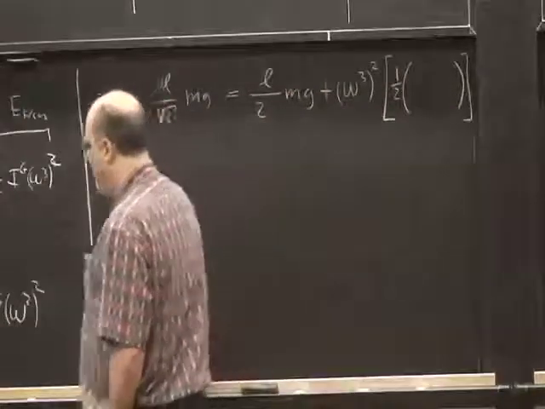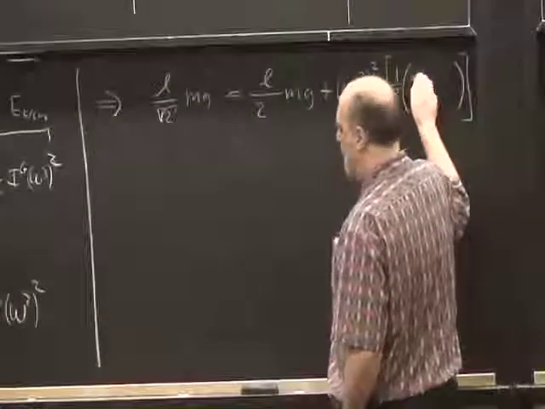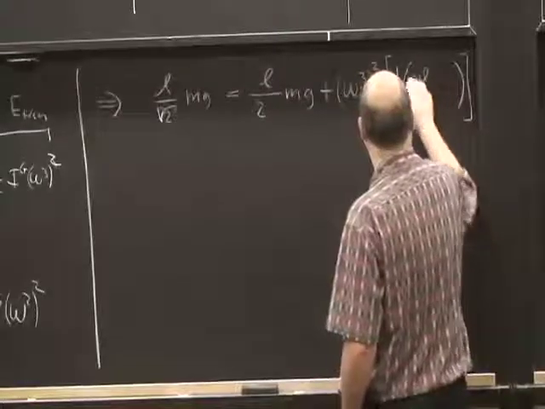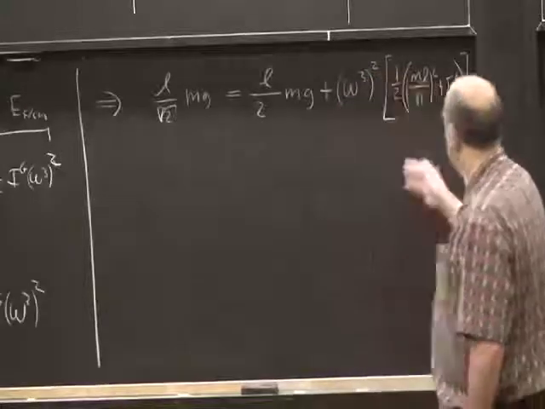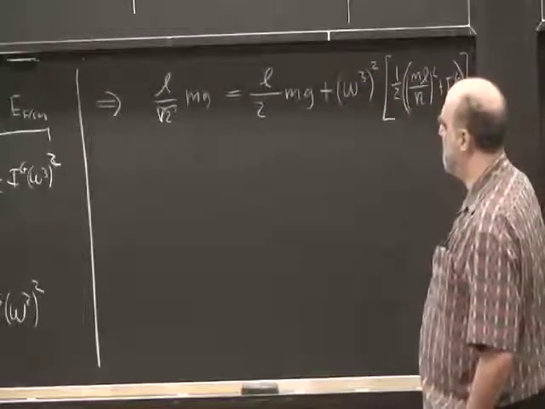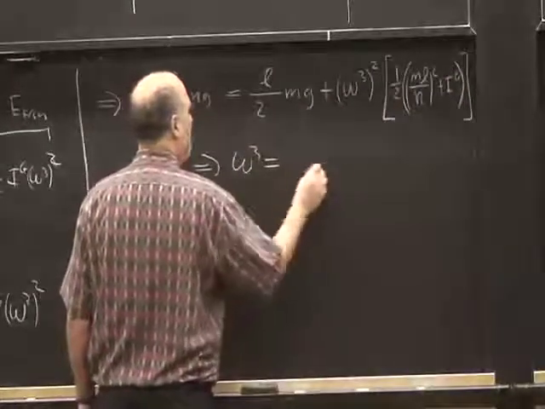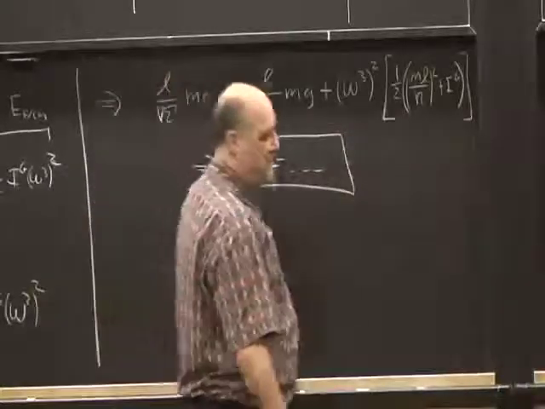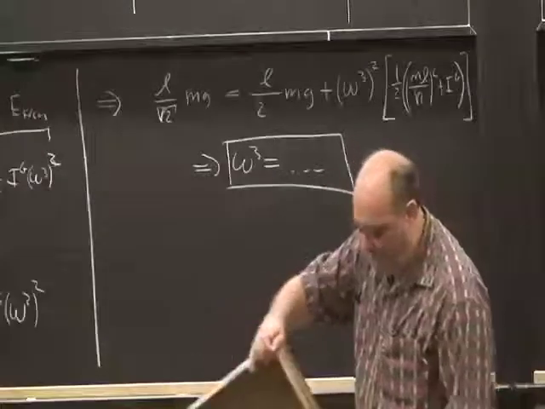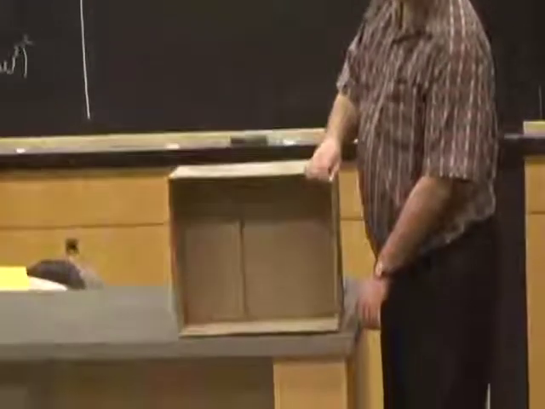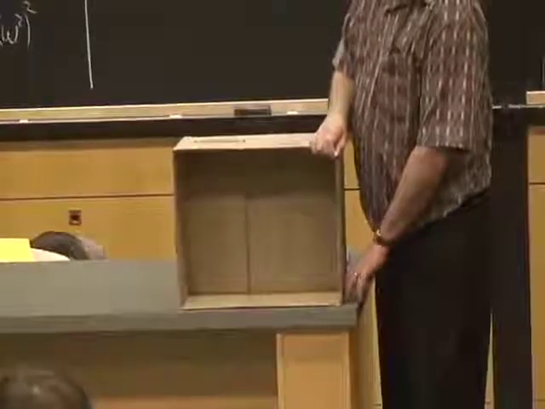We've got m times L over the square root of 2, quantity squared, plus I_G. So this turns out to be just what we would have got from the parallel axis theorem. From this, we get that omega 3 is equal to something, which I'm not going to calculate. Some mess. So by using conservation of energy, we can figure out what is the angular velocity of this just before it hits. I didn't do the final bit of algebra, but that's something we could calculate.